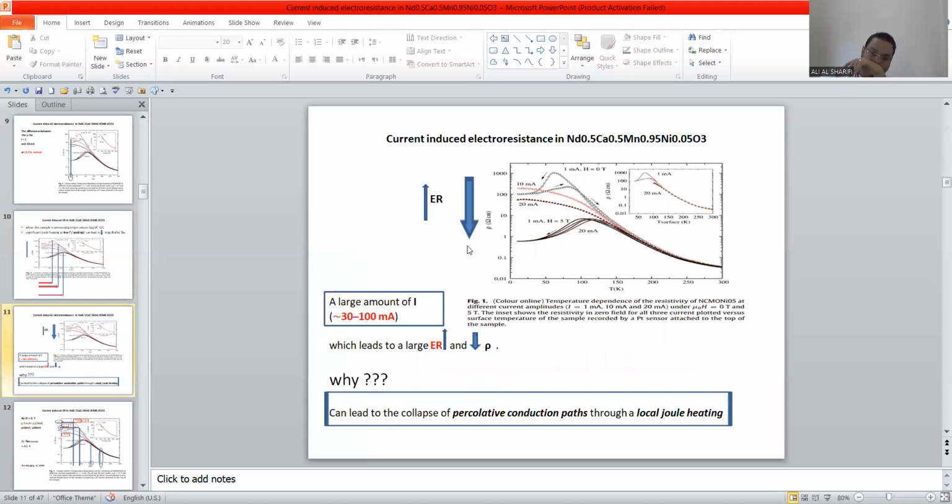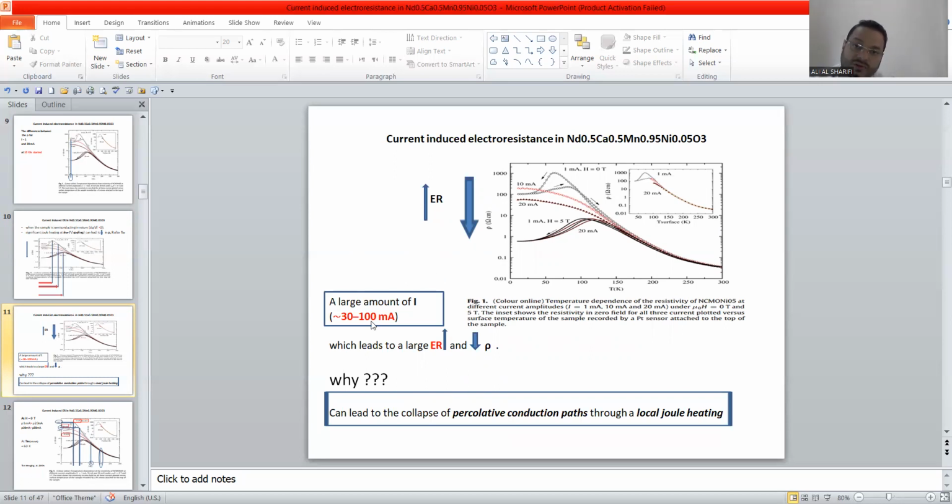Here, it's important to note a large amount of current, approximately 30 to 100 milliampere, can do what? It can lead to a decrease in the resistivity, and what that means is an increase in the electric resistance, because between the resistivity and electric resistance there is a reverse relation.